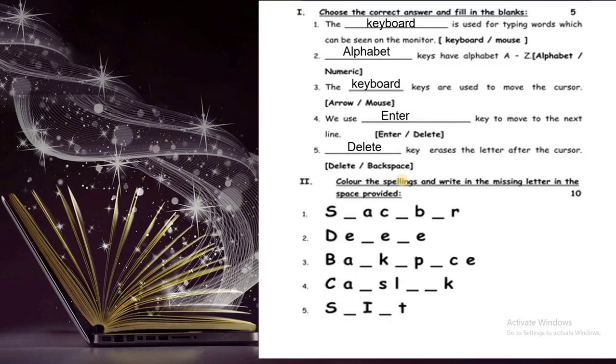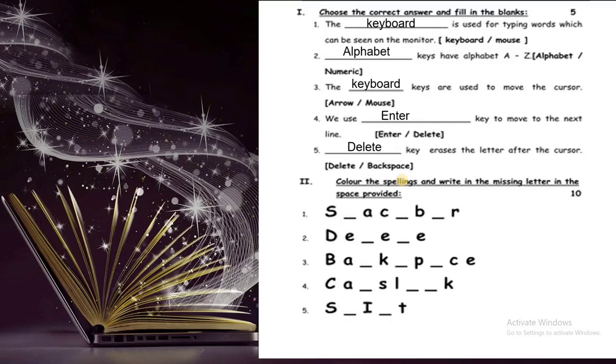Now see the second question. Color the spellings and write the missing letters in the space provided. So what we have to do here is fill in the missing letters, right?